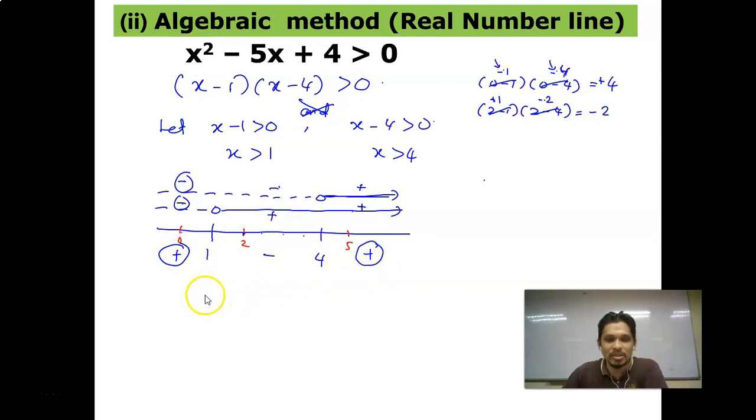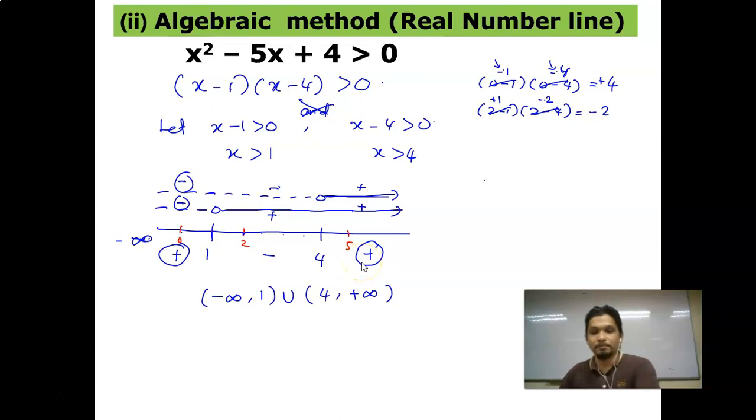So the final solution set is, on the left side here, from negative infinity up to 1, union 4 to positive infinity. Union means all. All meaning this area and this area is our final answer. Okay. There you go.